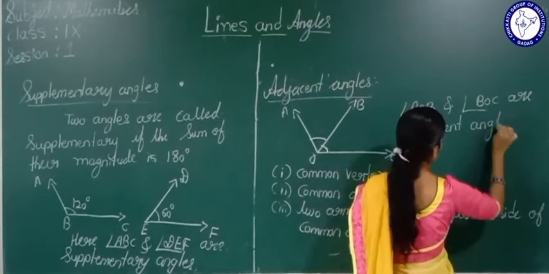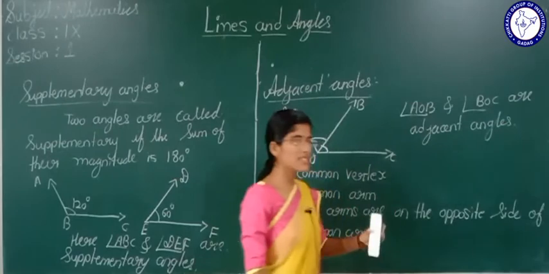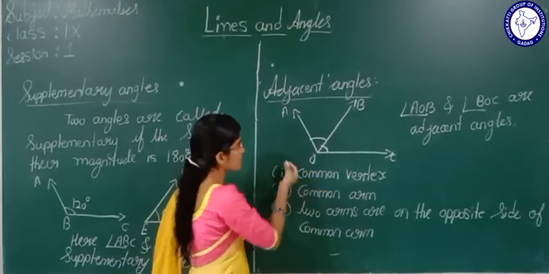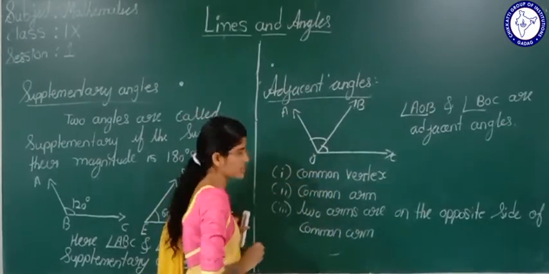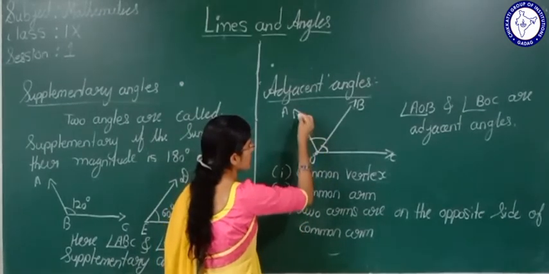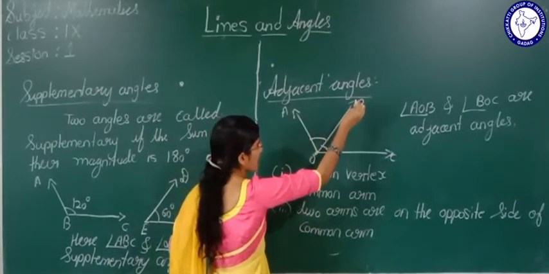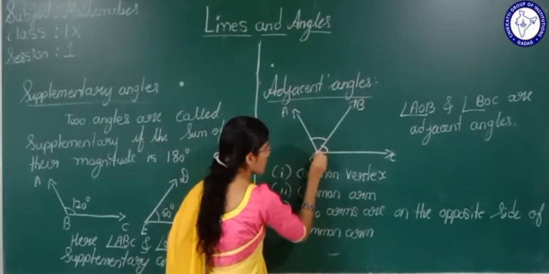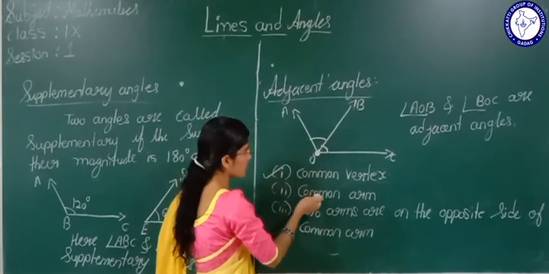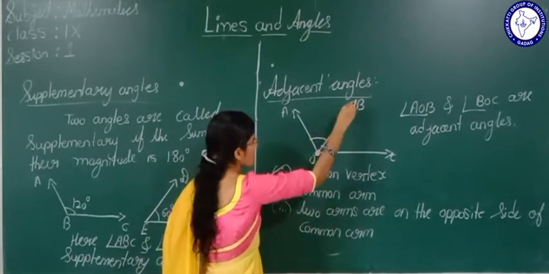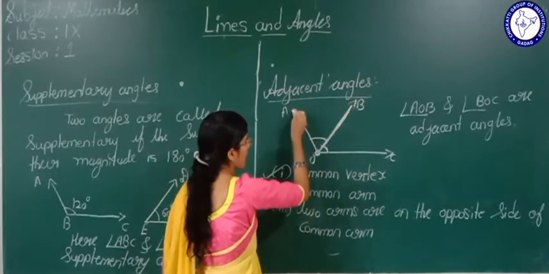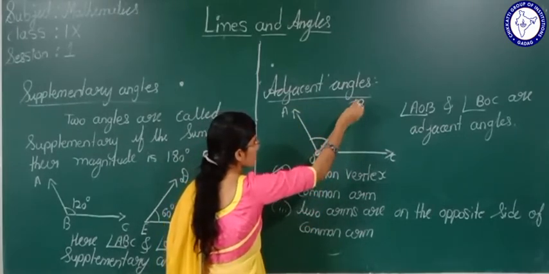What is an adjacent angle? Two angles are called adjacent angles if they have a common vertex. See here angle AOB and angle BOC have common vertex O. Common arm. What is the common arm here?